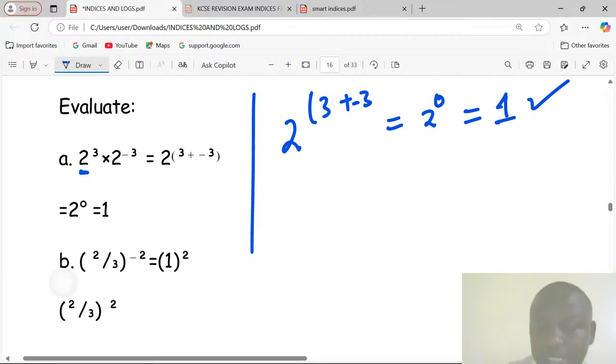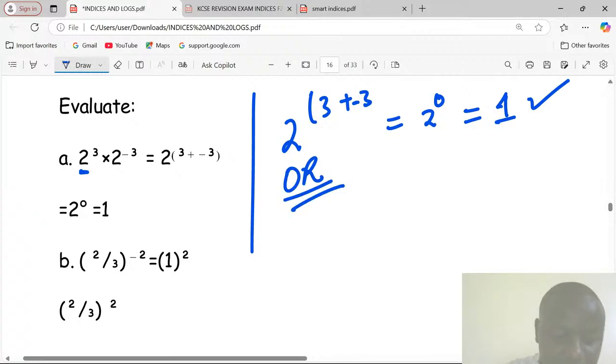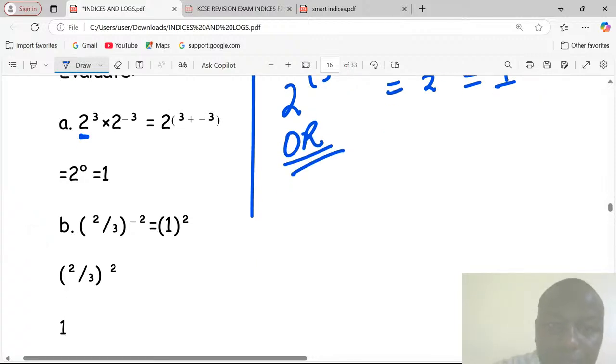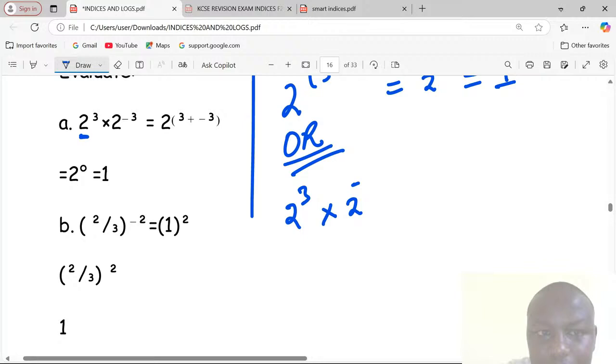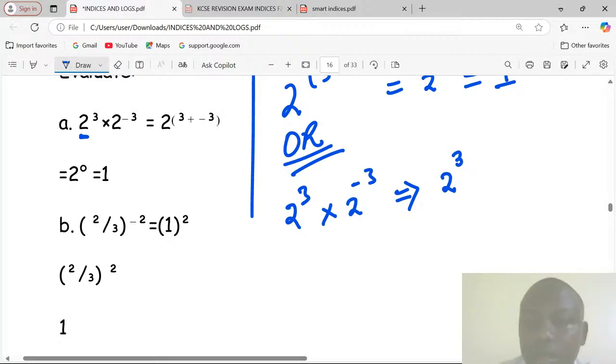But alternatively, we can say that 2 power 3 multiplied by 2 power negative 3 would imply 2 power 3, then we multiply by 1 over 2, but now everything becomes power 3.